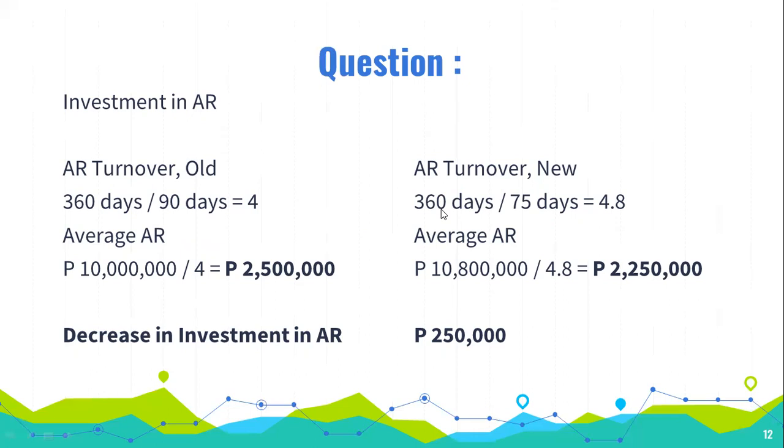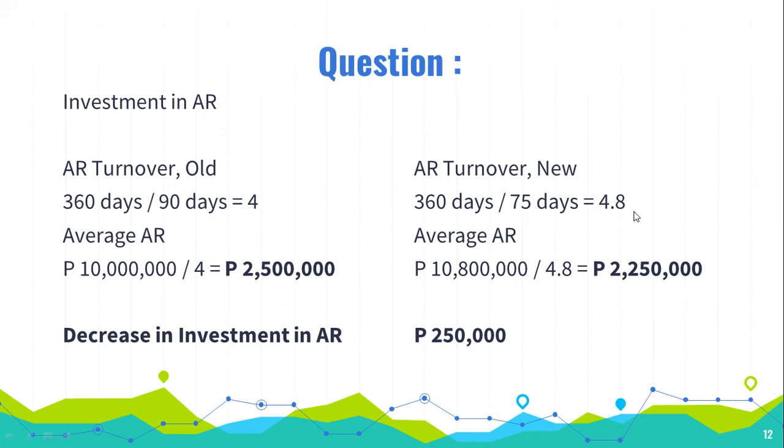Meanwhile, in the new policy, given that the collection period decreased to 75 days, we divide 360 days by 75 days.